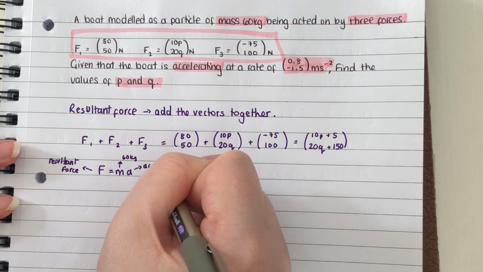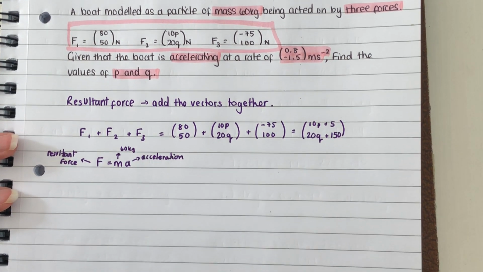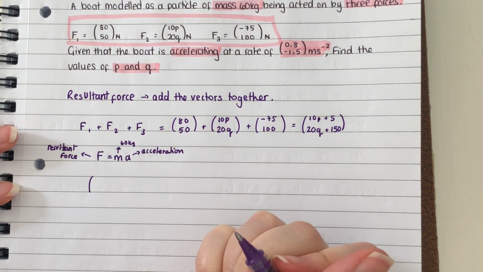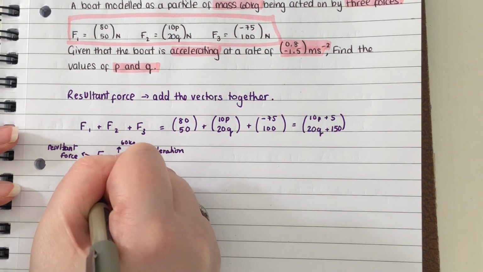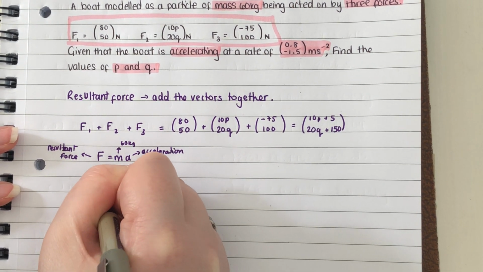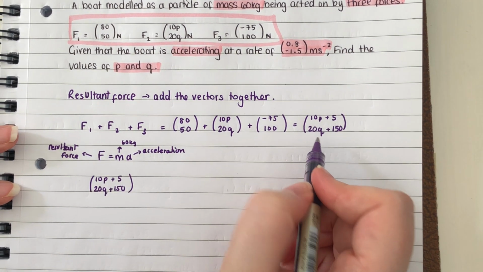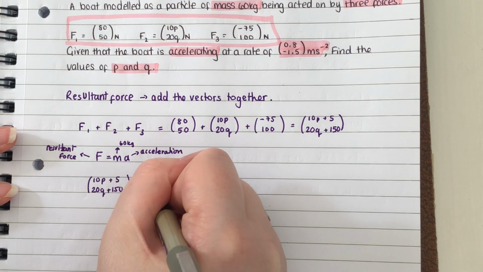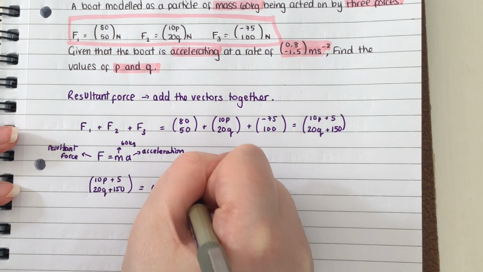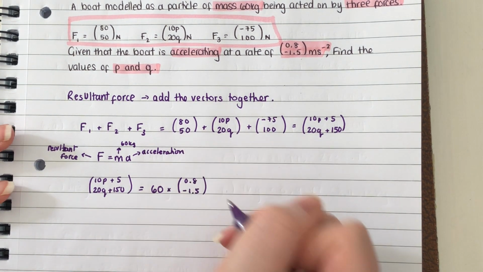So we're going to put the numbers in, and I'm going to leave them in vector form. For the force, we've got 10p plus 5 and 20q plus 150, which comes from the resultant answer. Then the mass, which is 60, multiplied by the acceleration, which is 0.8 and minus 1.5.